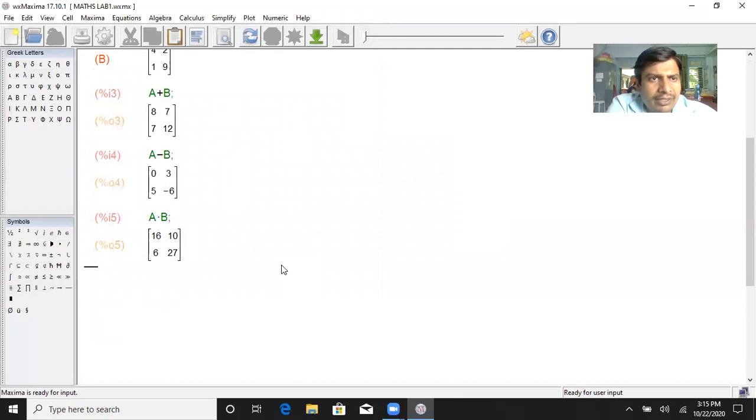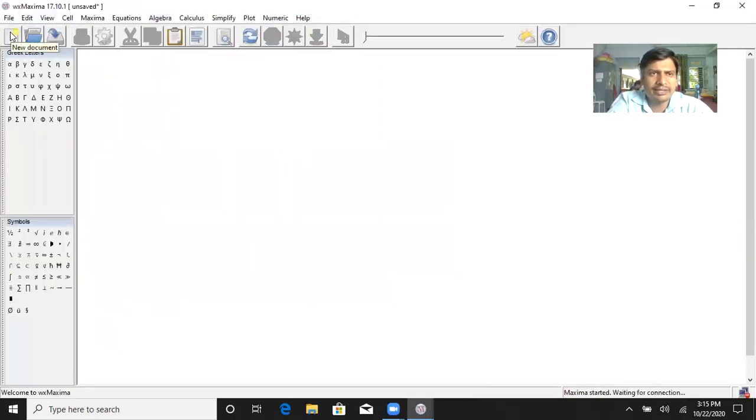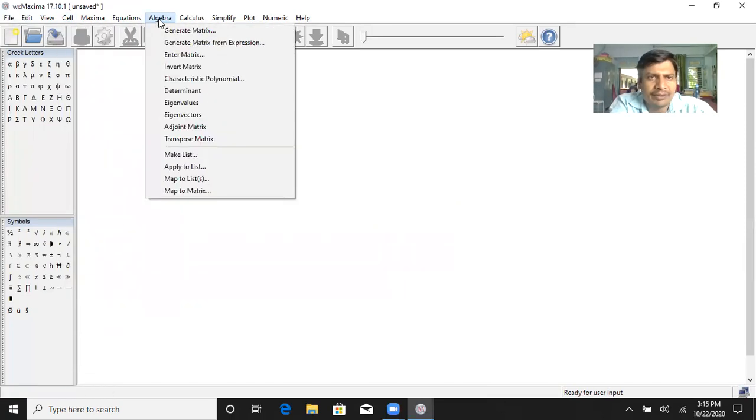Next we take two rows. Go to New, then take a new page. After that go to Algebra, then Enter a Matrix.